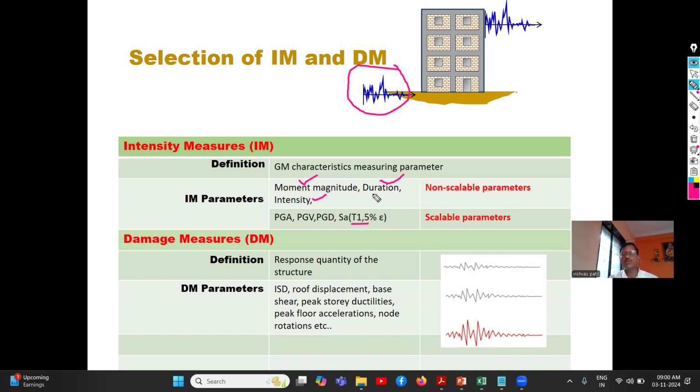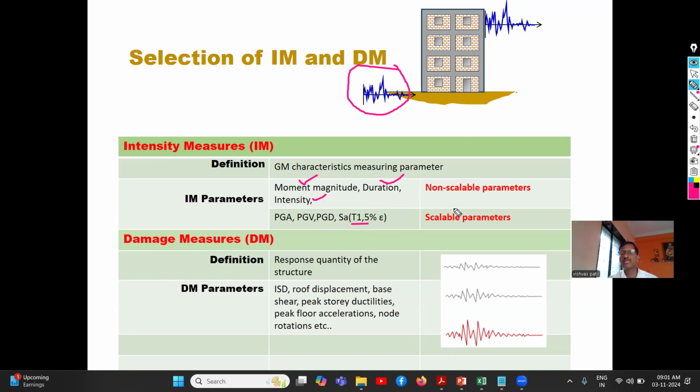Moment magnitude, duration and intensity are non-scalable parameters. For example, moment magnitude is one single unique number, and duration is also a unique number. If we scale them up and down, they do not directly influence the total characteristics of the ground motion.